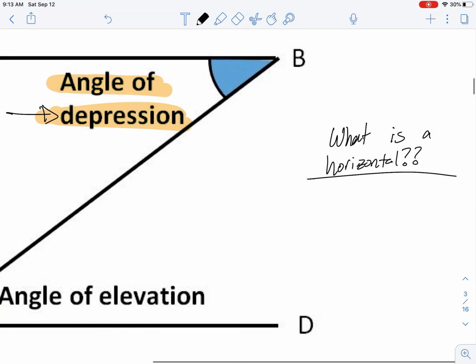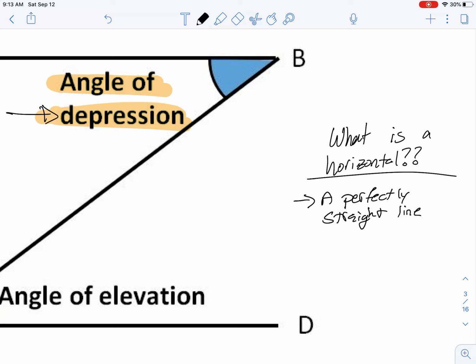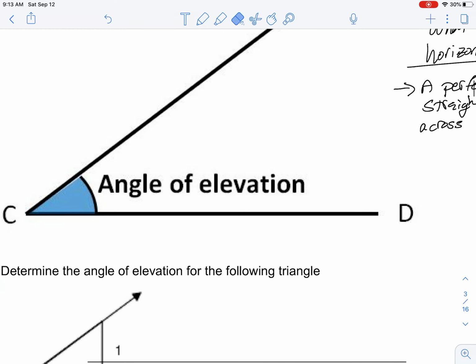It's a perfectly straight line, straight across horizontally. And remember, horizontally means from side to side. So if we choose a line that's from side to side, we can see that line CD here is a horizontal.